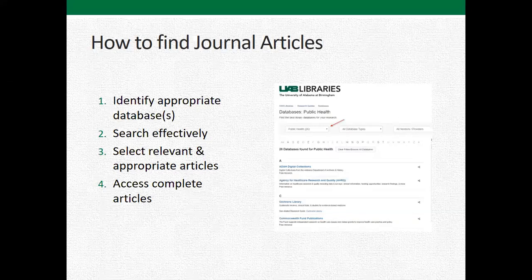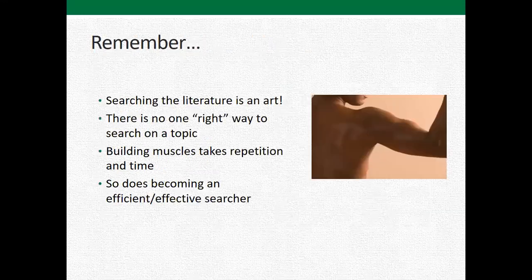All right, now let's talk about some basics about finding journal articles. These are the basic steps in finding a journal article. You want to start with whatever relevant database in your area. You want to search it effectively, of course. Select your appropriate articles and access the complete articles. It sounds easier than it really turns out to be a lot of times.